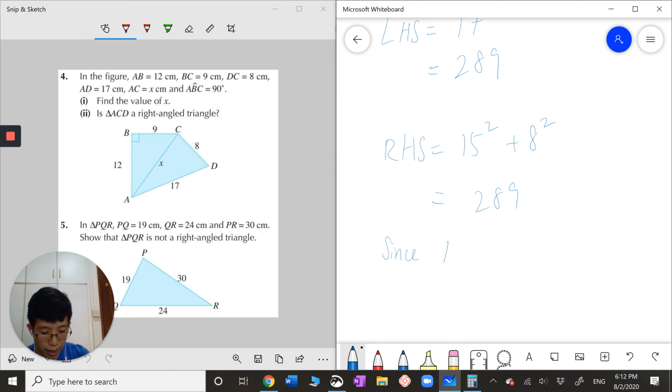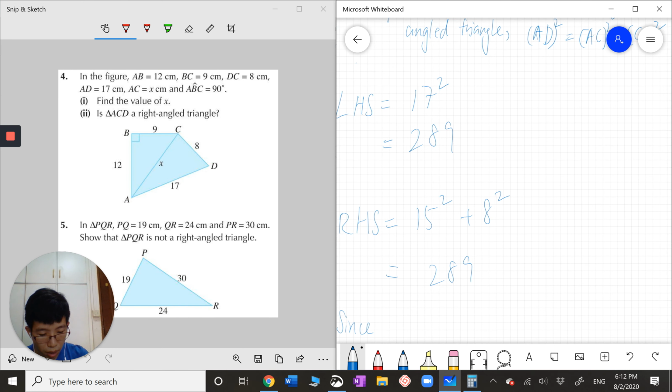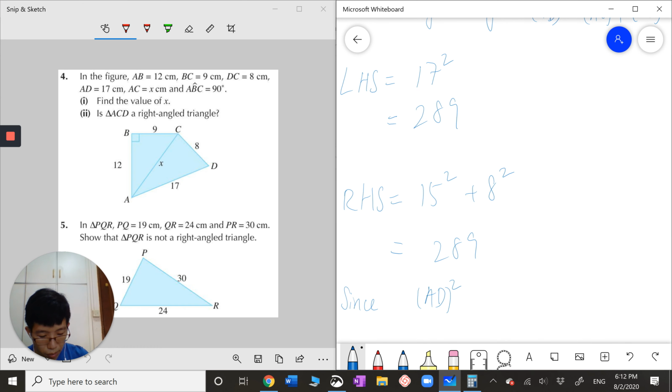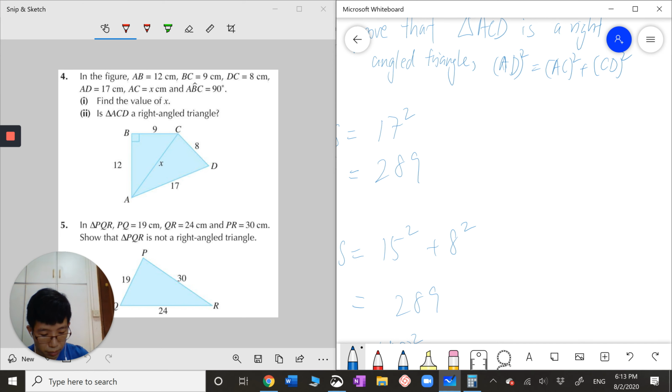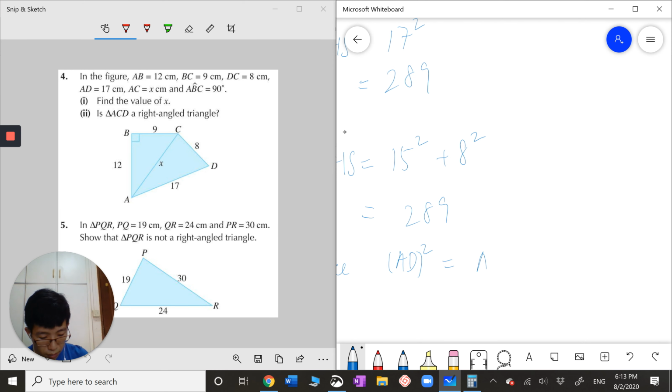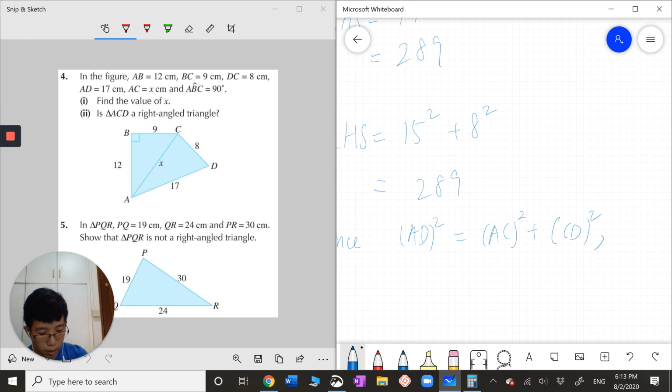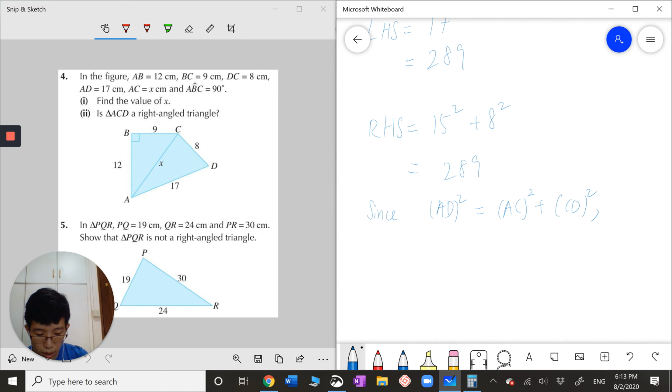So since AD square, which is your left hand side, equals AC square plus CD square, triangle ACD is a right angle triangle.